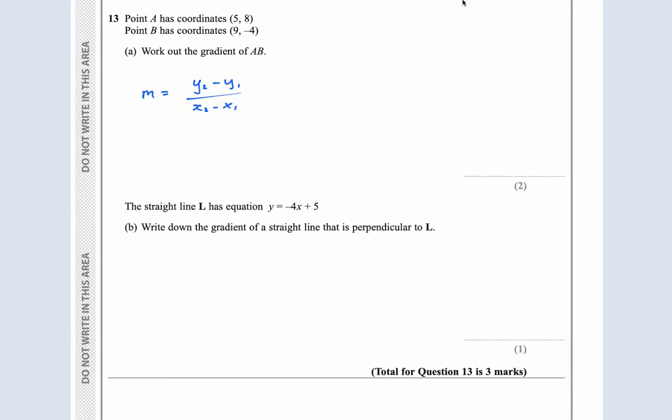Call this x1 y1 and call this x2 y2. y2 is minus 4, y1 is 8, x2 is 9, x1 is 5. This equals minus 4 minus 8 is minus 12, 9 minus 5 is 4. So it's minus 12 over 4, which is actually equal to negative 3. So m, I've used m for the gradient, negative 3.